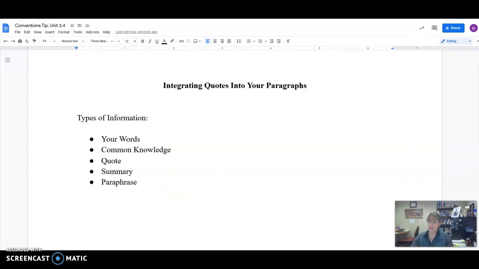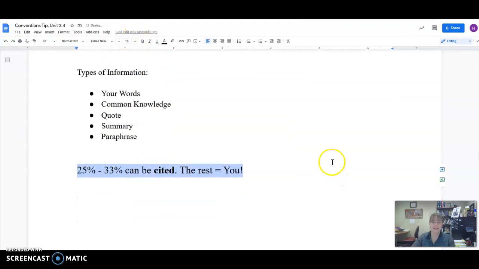I also mentioned, again, very briefly, that in summary and paraphrase, in a research-based paper, only about 25 to 33% of the paper can be cited. That means that only about this much can be information borrowed from outside sources. The rest of it has to come from you.